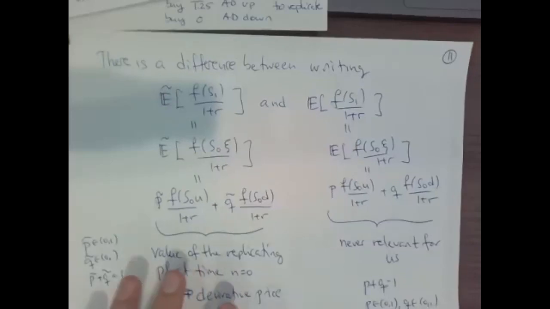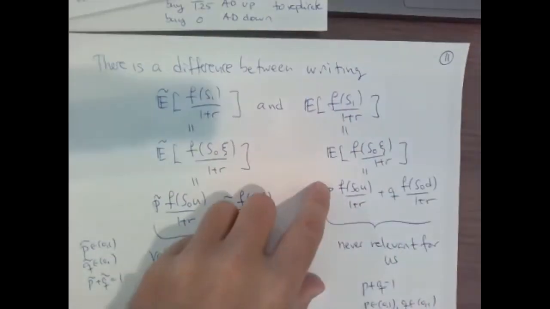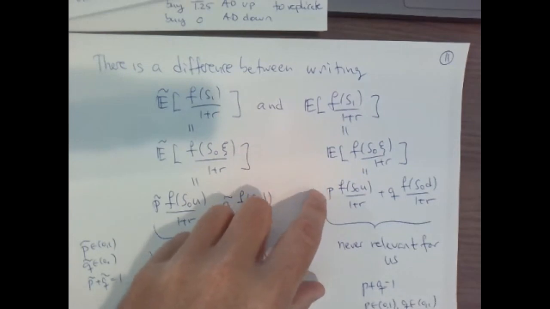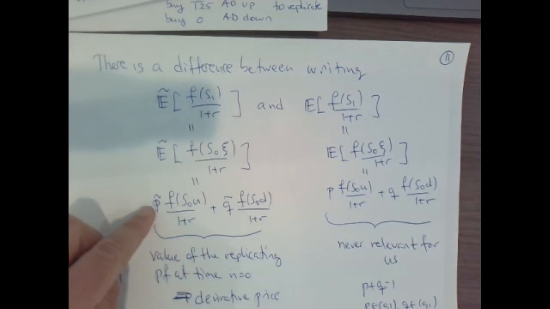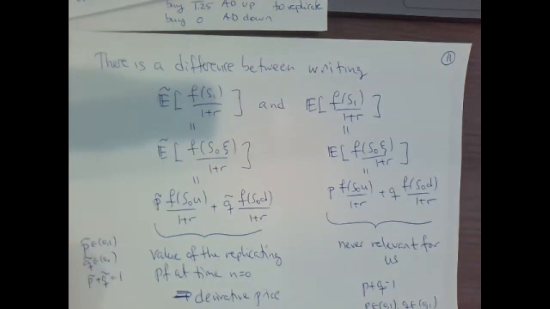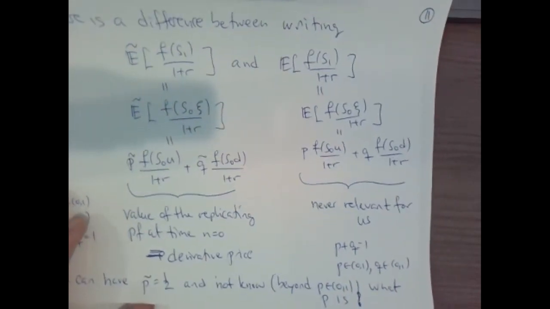Consequently, you will not be able to tell me what the right-hand side is because it involves P. Whereas you can tell me what the left-hand side is because it involves P tilde, and P tilde was a half. Does that make sense? Yes, Prof. Okay.